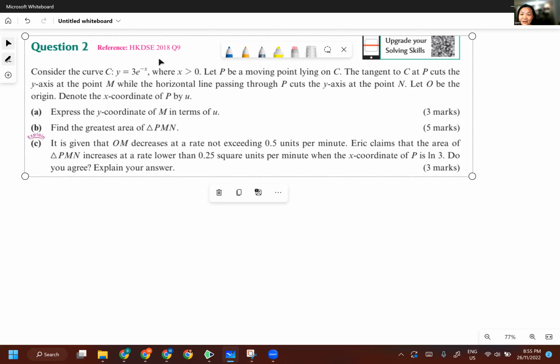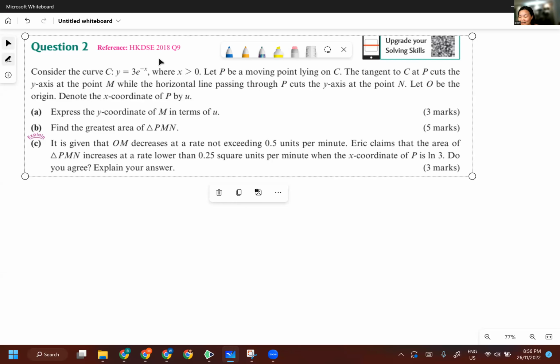I think when you read here, you must know, although the question doesn't require a sketching, you must do a sketching. Otherwise, where is P? Where is M? Where is N? Where is this tangent line and horizontal line, right? Don't you need a picture? Let O be the origin. Denote the x-coordinate of P by U. Express the y-coordinate of M in terms of U.